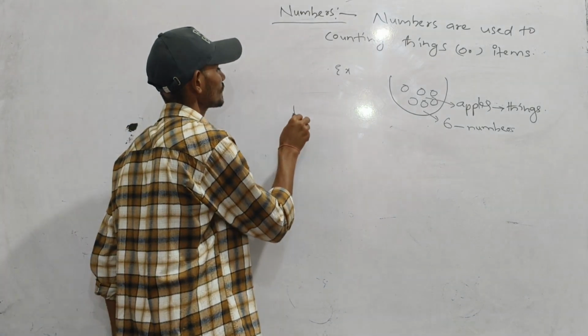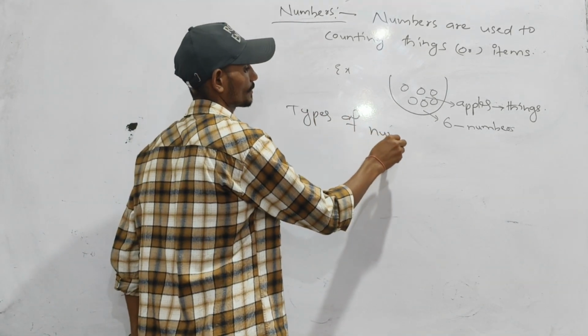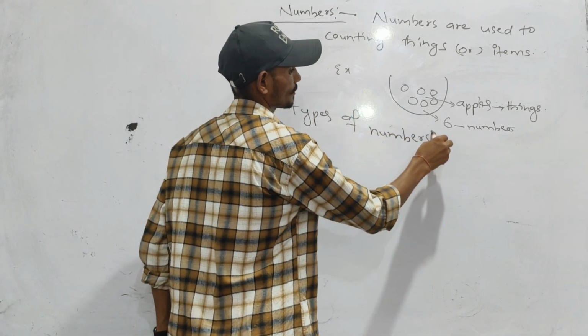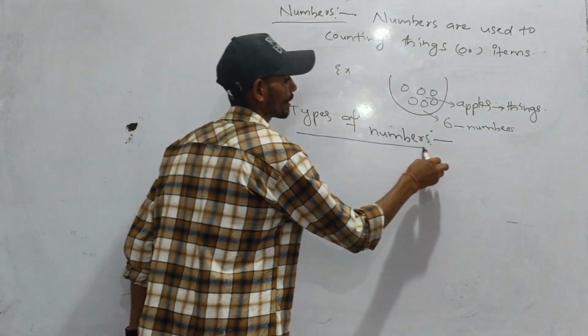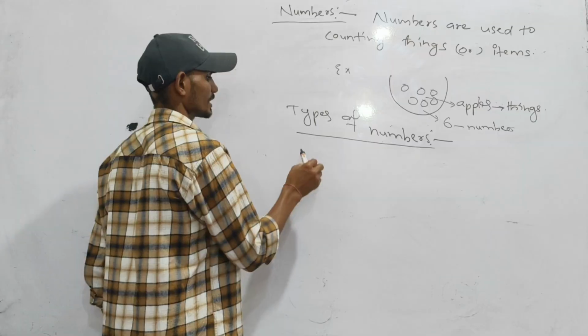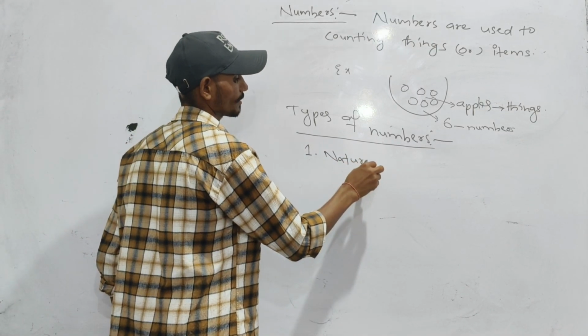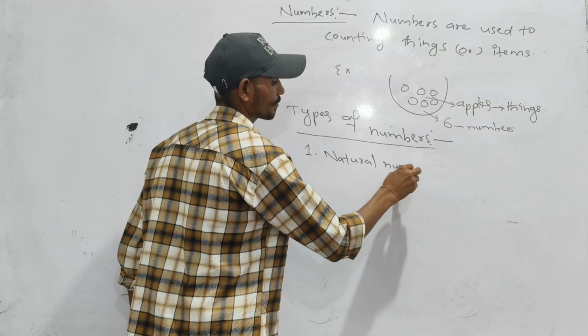Next, types of numbers. First are the natural numbers.